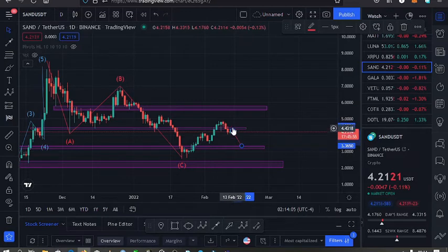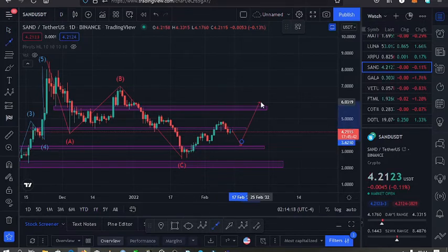So if we break down to this support on the $3.3 mark, we find support, have a bounce back to the upper side, and maybe break this resistance that we have on the $5.7 mark. And once that happens, we can retest that zone and then have a move that will take us to an all-time high. So that's my first key scenario that I expect us to see.